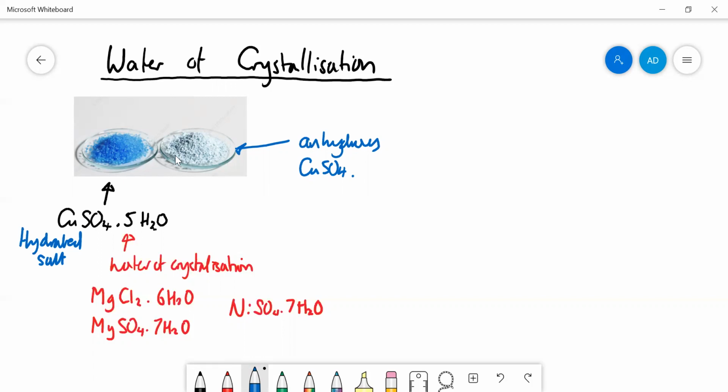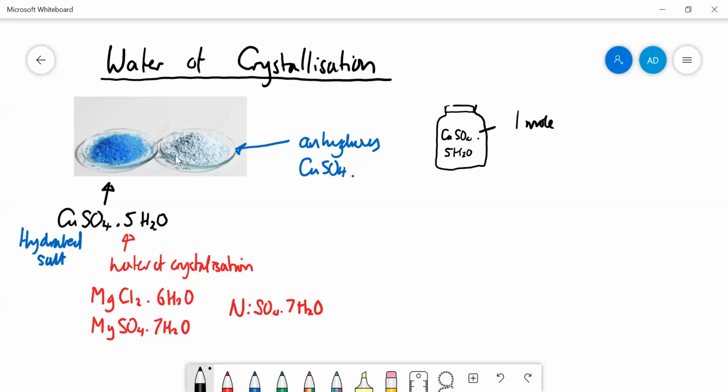Now, that's quite important. Say I've got a pot of copper sulfate. It's called copper sulfate pentahydrate, that's its proper full name. I've got a bottle of it, and I want to weigh out 1 mole of this stuff.